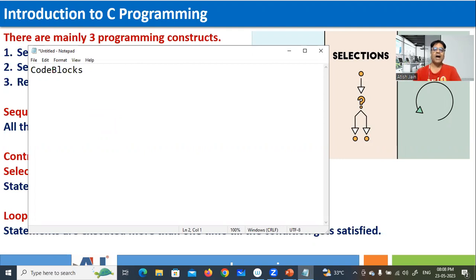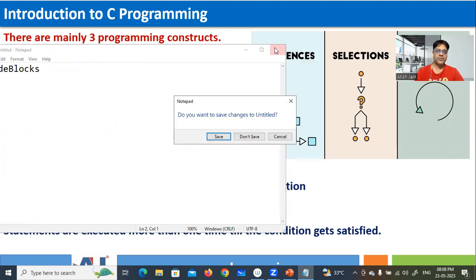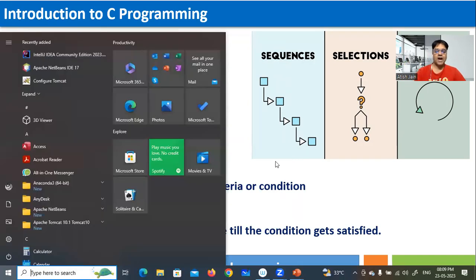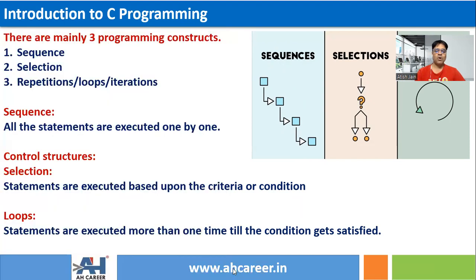So guys, are you ready to install Code::Blocks on your machine? If it is installed already, then it's okay. Or if any other software is installed on your machine, you can use that. But I'll tell you how you can install the Code::Blocks IDE.